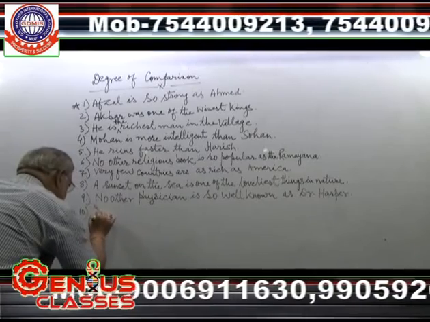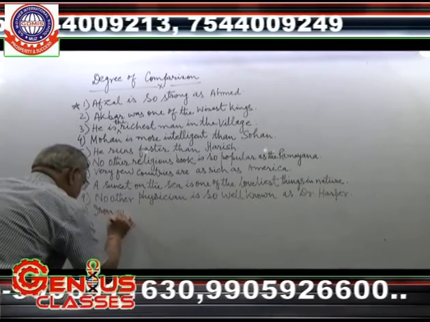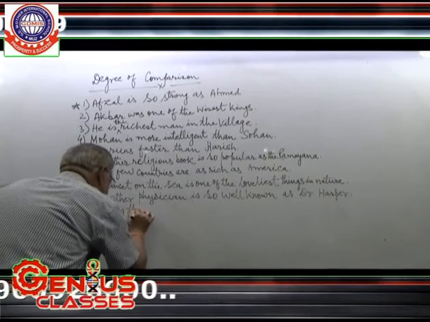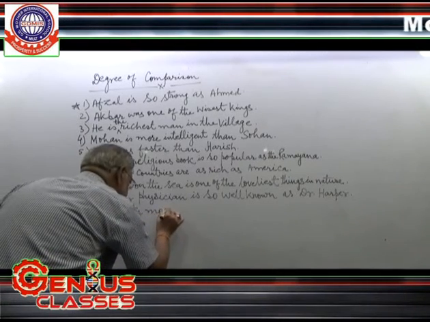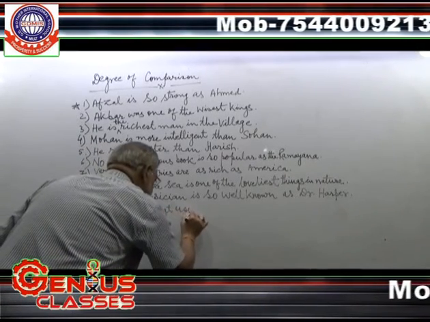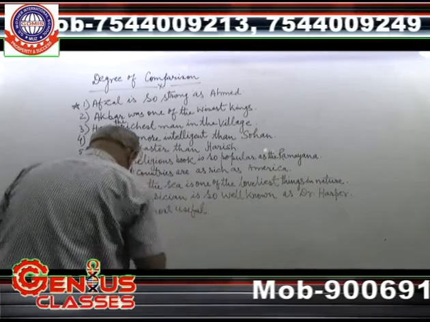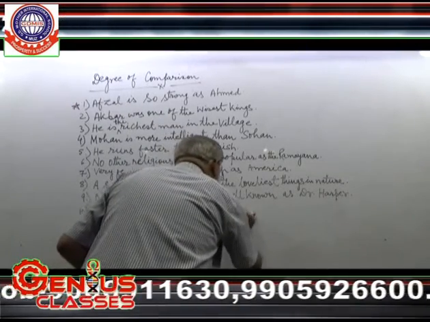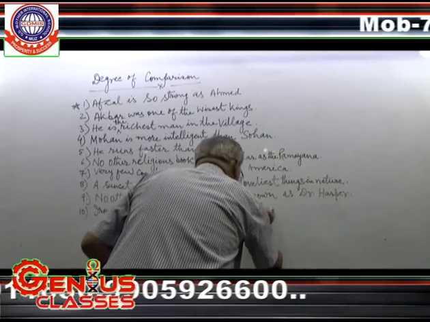Number 10. Iron is the most useful of all metals.